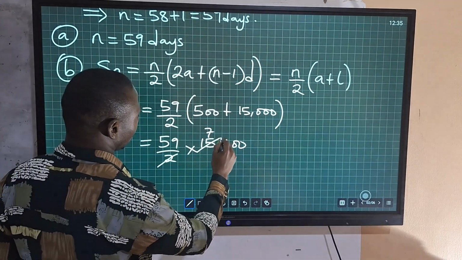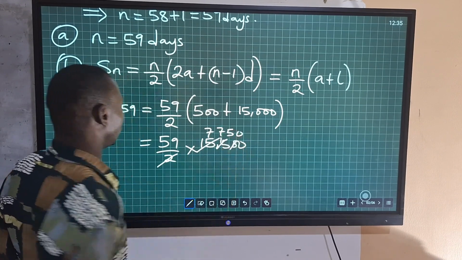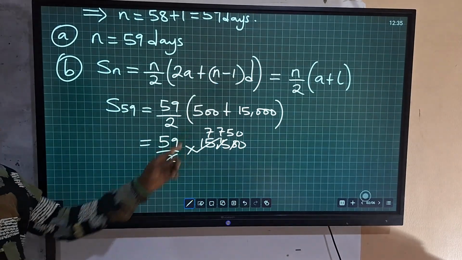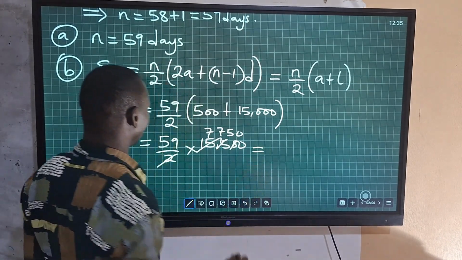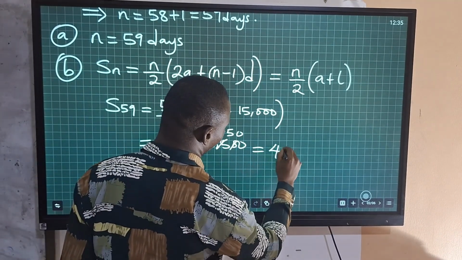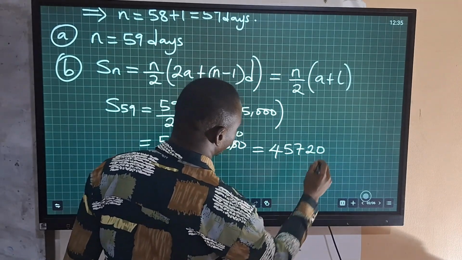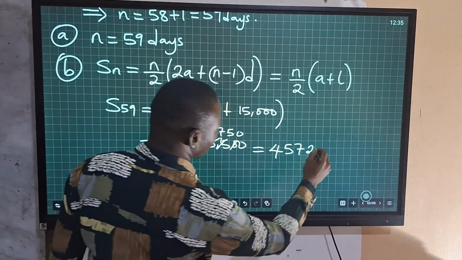Okay, so let me divide this 15,500 by 2. Have 7, bring 1 here, 7, 5, 0. So when you say 59 times 7,750, what you get is 457,250.